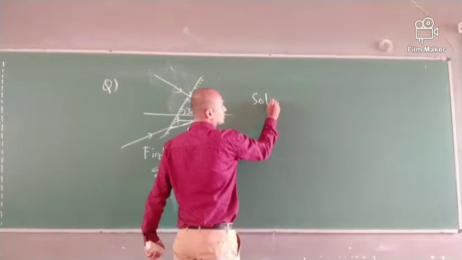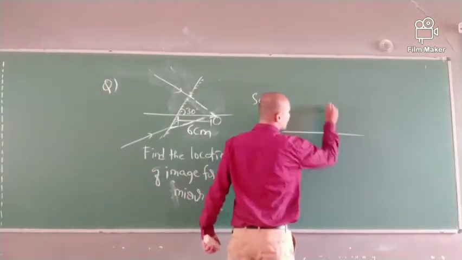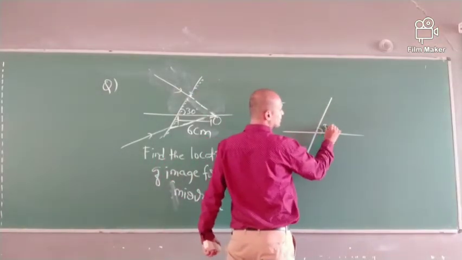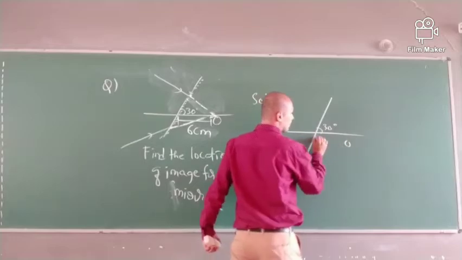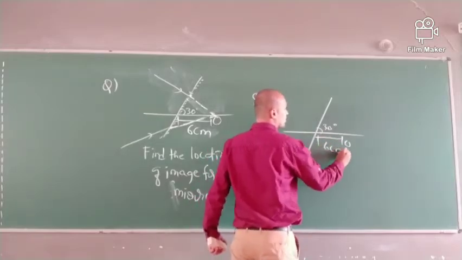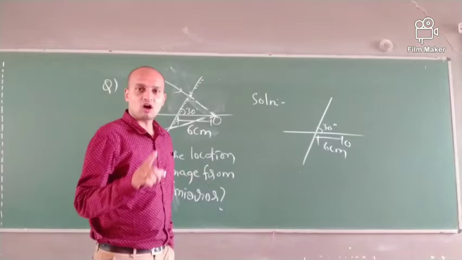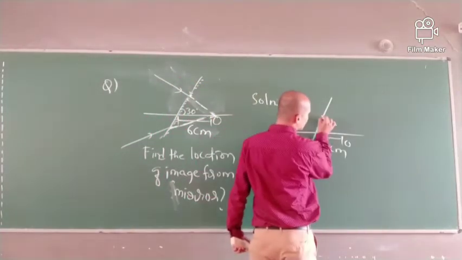If I take up the solution, this is a mirror making 30 degrees. Object is here. This is how much? 6 cm. So image will form.